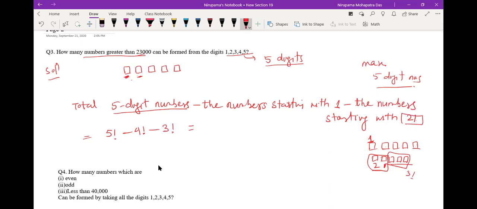Factorial 5 is 120, factorial 4 is 24, factorial 3 is 6. So 120 minus 30, we get 90. So we will have 90 such numbers greater than 23,000 formed using 1, 2, 3, 4, 5. Done? Okay, coming to the next question.